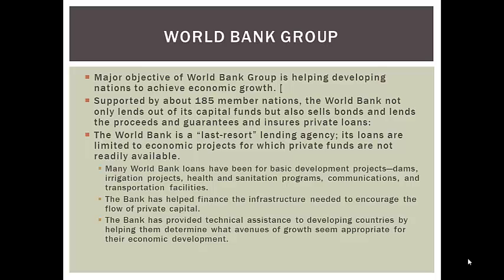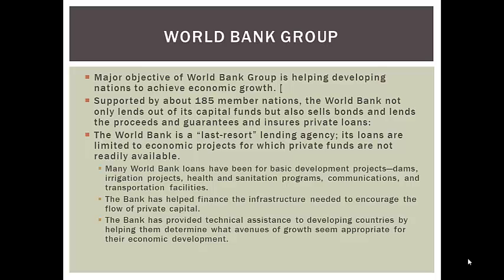A country must first apply for private funds, try to raise private resources to invest in physical or human capital. And if they're not successful, as with the poorest nations, then the World Bank can help. Many World Bank loans have been for basic development projects such as dams, irrigation, health and sanitation programs, and communications and transportation facilities.